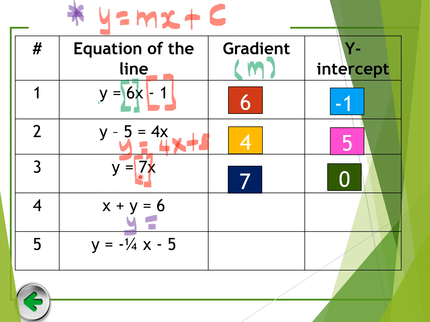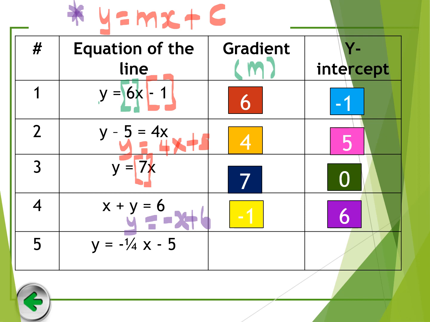So when I carry over on the other side of the equation, it's going to become a minus x. We're going to leave that plus 6. So our gradient would be the coefficient of our x, which is negative 1, and our y-intercept will be positive 6.